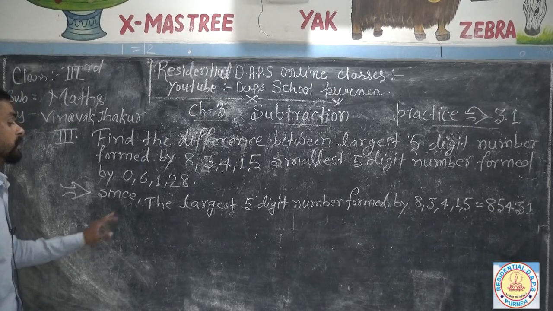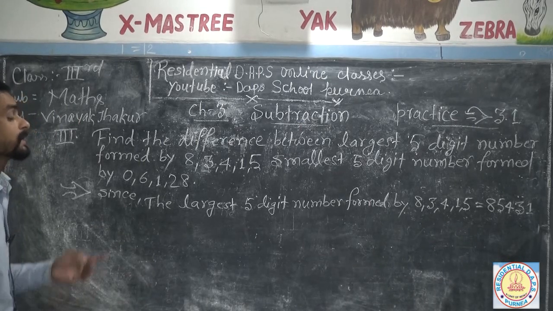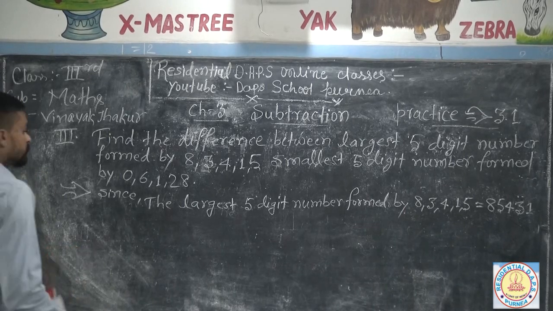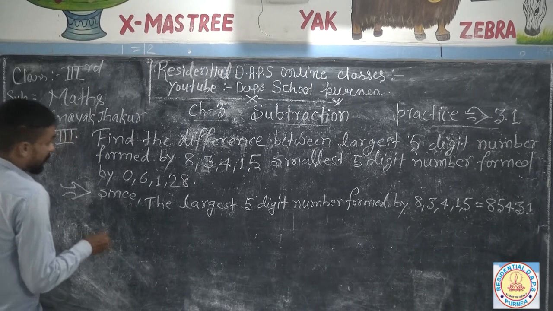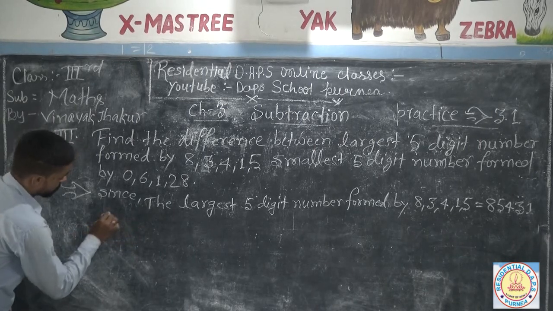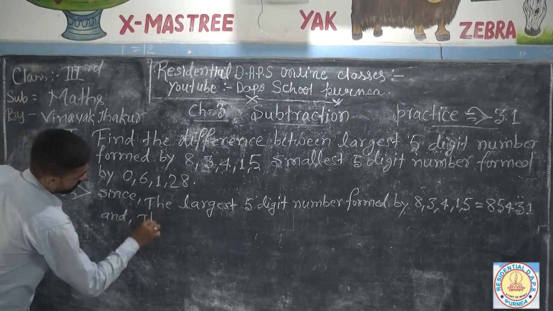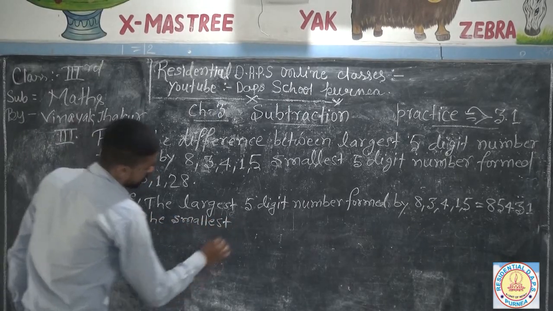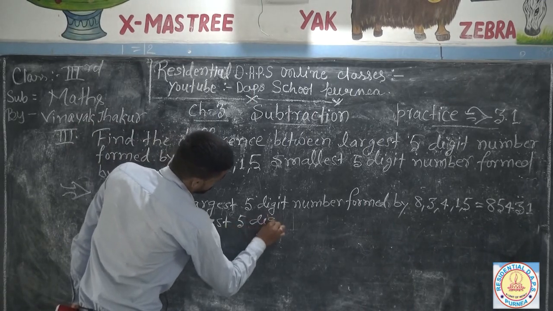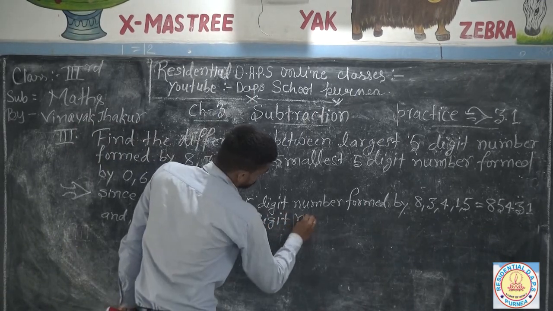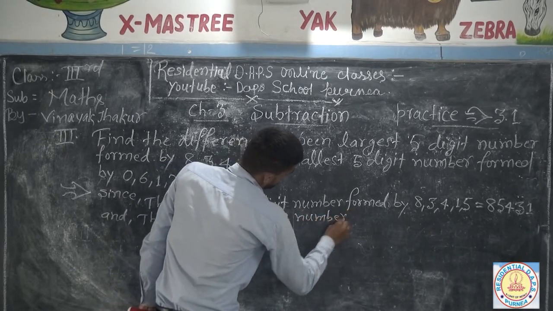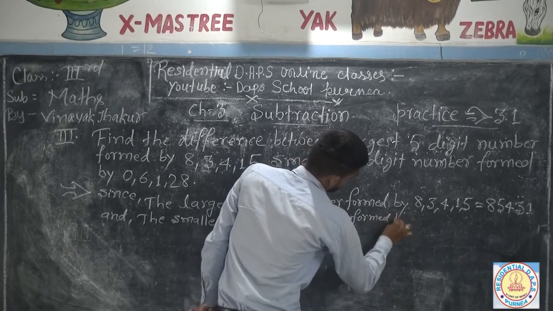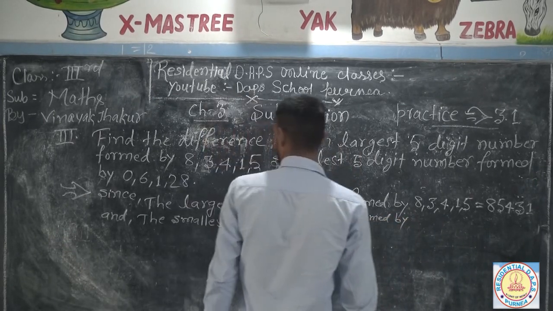So your largest 5-digit number formed by the given digits is 85,431 and the smallest 5-digit number formed by the given digits 06128.